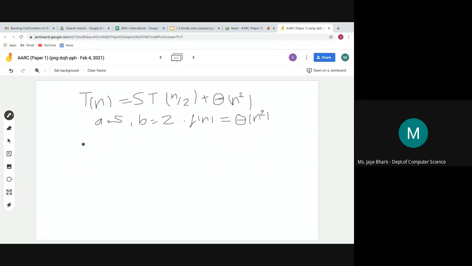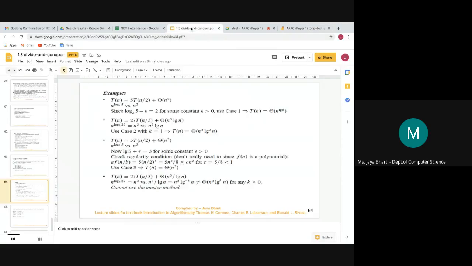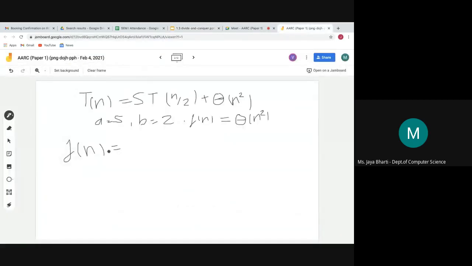So now you need to compare f of n. So what you need to compare? n to the power log a base b, which is log 5 and base is 2.